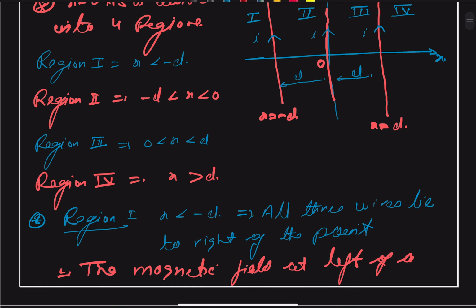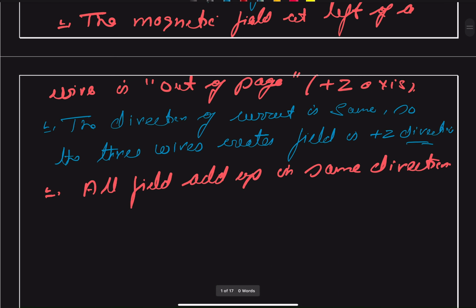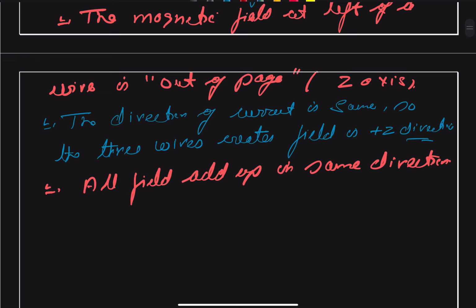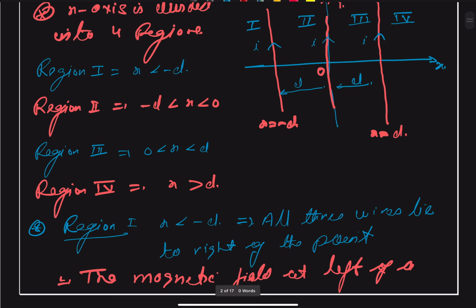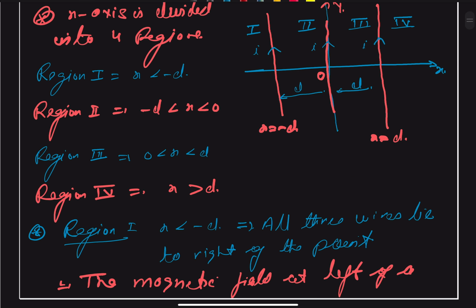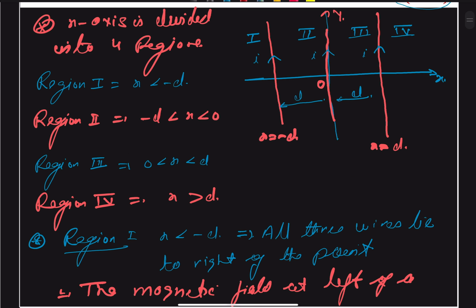They will be minus z, not plus z, my mistake. Minus z as well as minus z. Okay. Because the current is in the upward direction, the field will be along the z axis. One second.